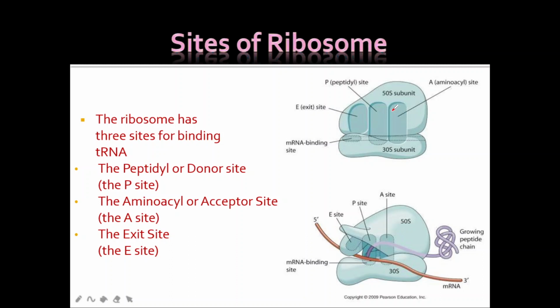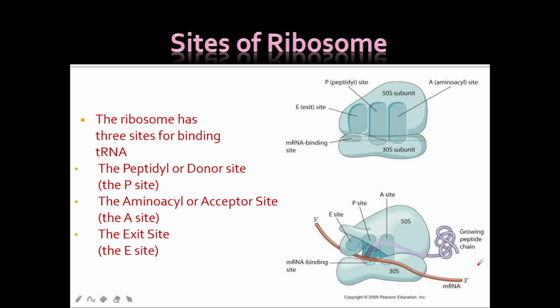Then it goes forward to the peptidyl site, and here one by one amino acids get attached, and on the exit site the amino acid is forwarded, and from the exit site, the chain of protein is given outside or processed outside.